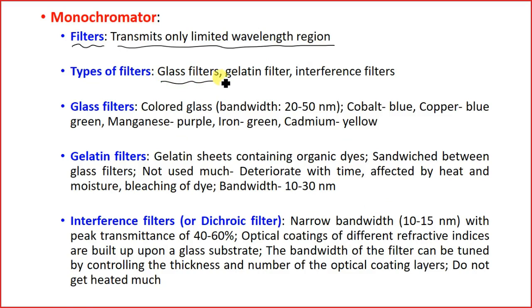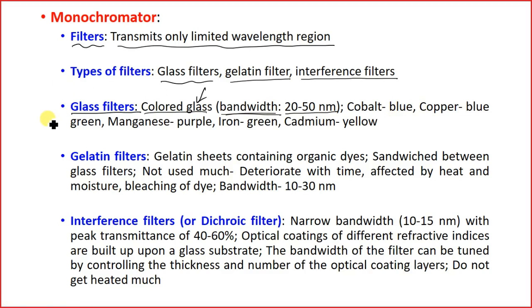There are glass filters, gelatin filters, and interference filters. Okay, in glass filters, we basically use colored glass, and this colored glass usually has a bandwidth of 20 to 50 nanometer. We use certain elements or metals which are added into the glass to give color to these filters.